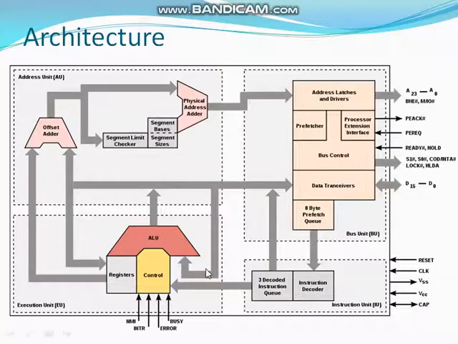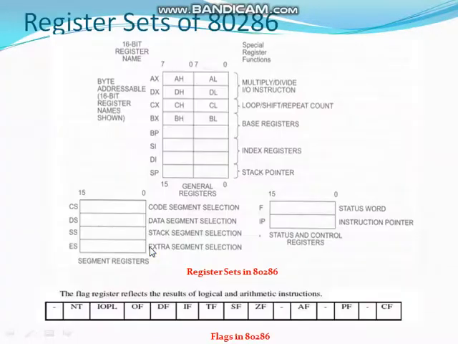This is the block diagram we already discussed. All the registers except the segment registers are available in the execution unit. All the registers, that is the special registers and the general purpose registers, are byte addressable. What is meant by byte addressable?